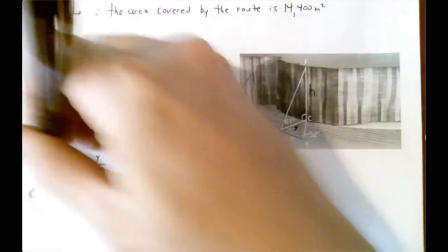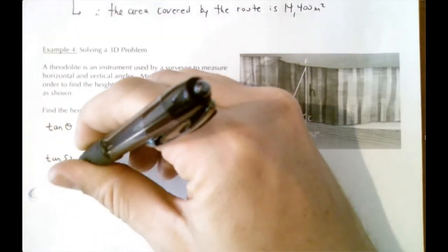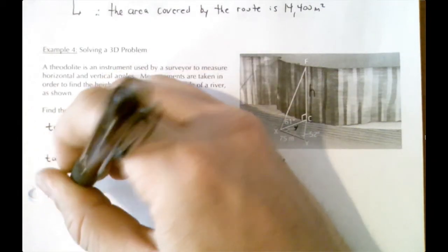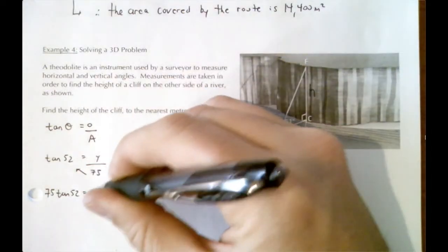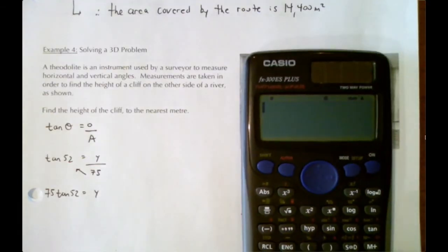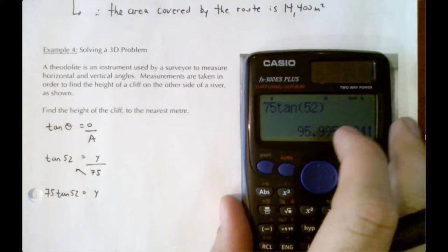Y is on the top, so we're going to multiply across. And we've got 75 tan 52 equals y. And now we can use our calculator. 75 tan 52, 95.99. Since we're going to round our cliff to the nearest meter, let's just go with 96.